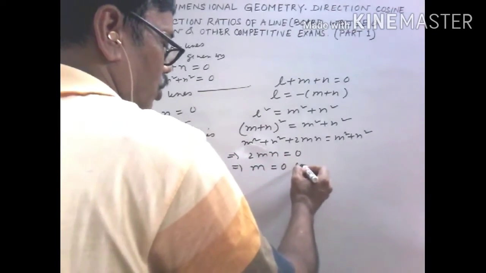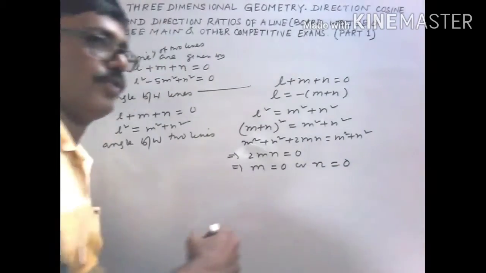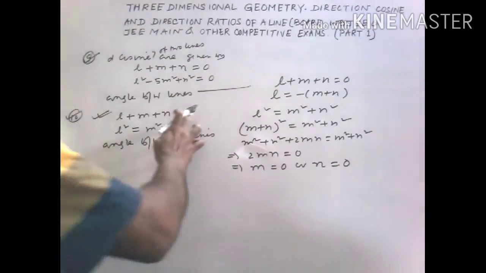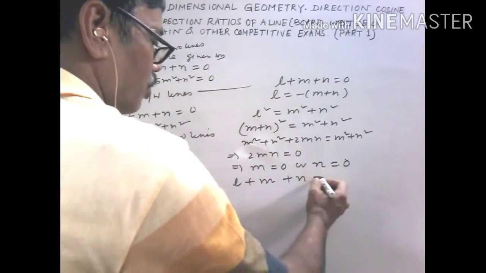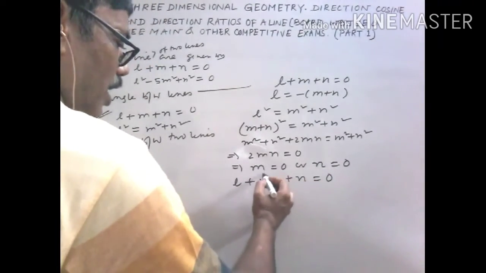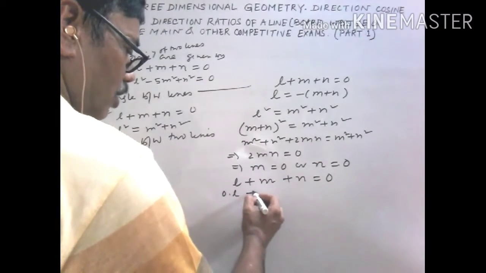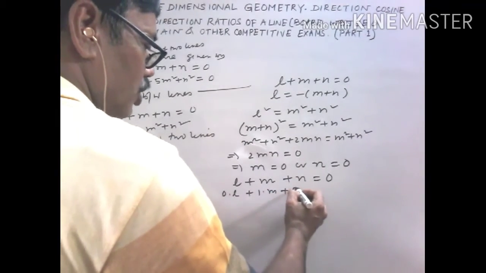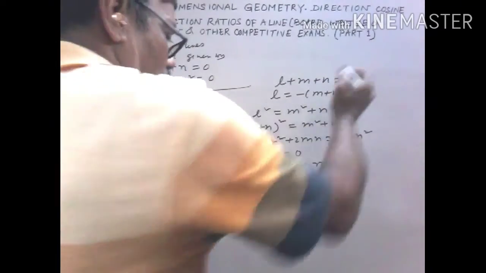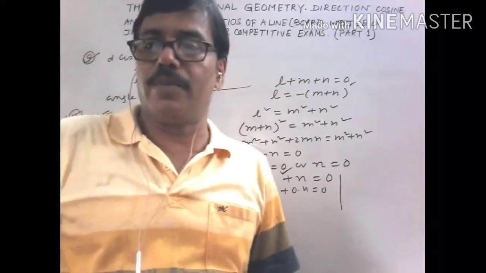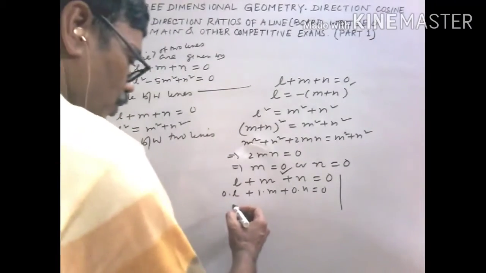So either m equals 0 or n equals 0. So what is the first equation? l plus m plus n equals 0. Now the second one is m equals 0. So 0 into l, 1 into m, 0 into n equals 0. We are considering this and the first. Our main aim is to find l, m, n.